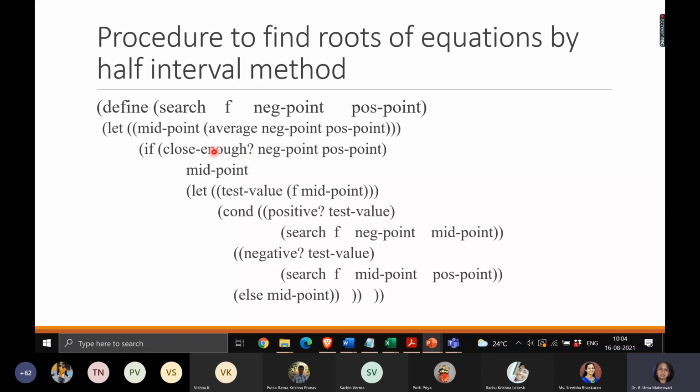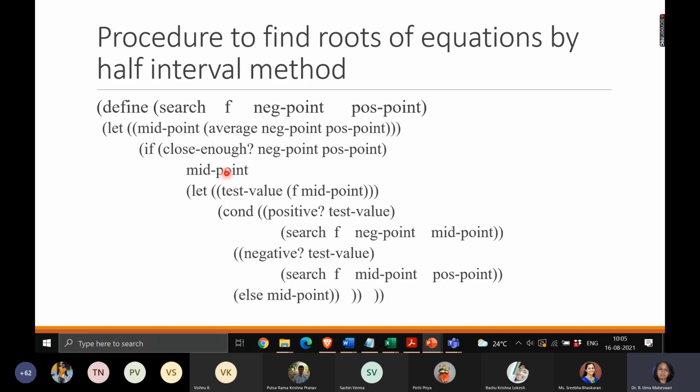If close enough of negative point, positive point, consider this is x and y, it is substituted there. It is going to return you true or false. If it is true, then midpoint is returned.